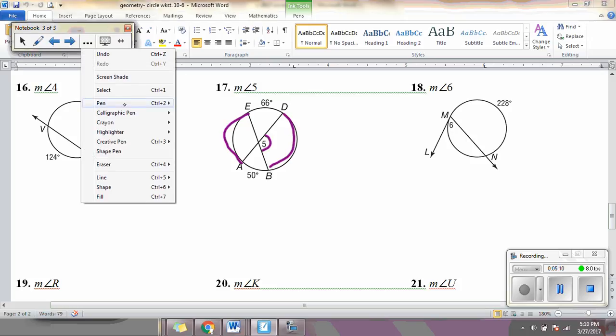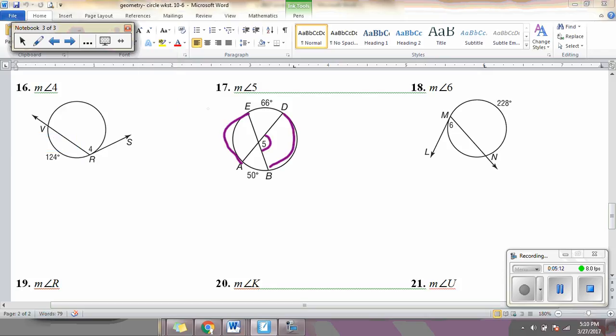I have the measure of arc ED and AB, which means I can find this angle. So this is going to be a two-step problem. Regardless, the angles are inside the circle. So I'm going to use the formula angle is equal to arc plus arc over 2.